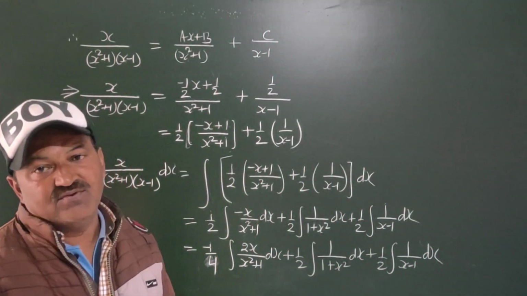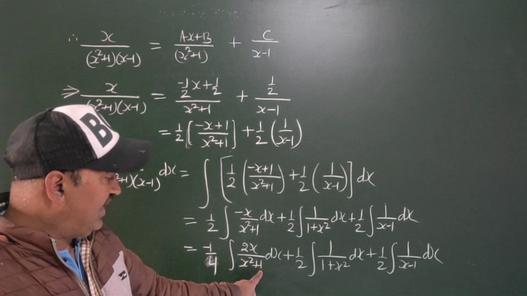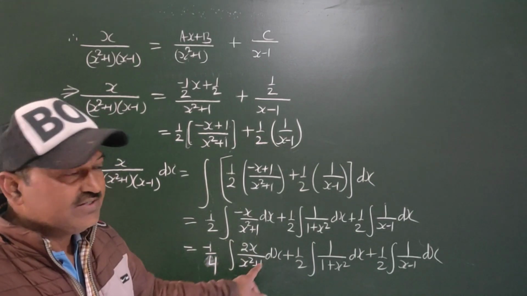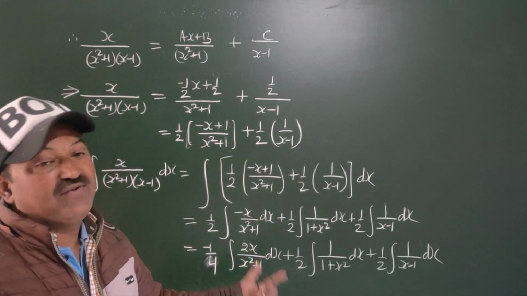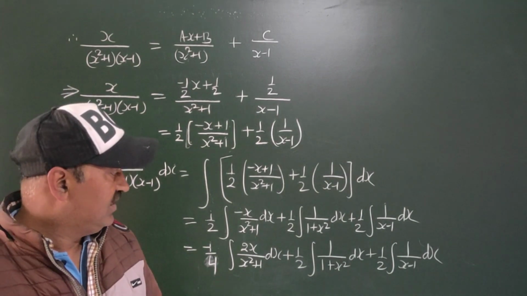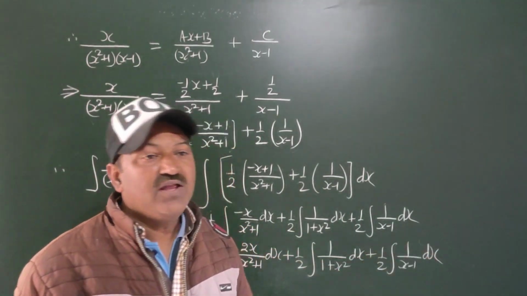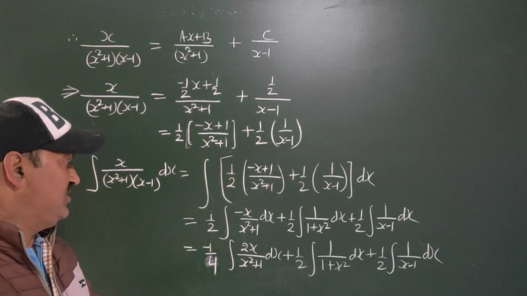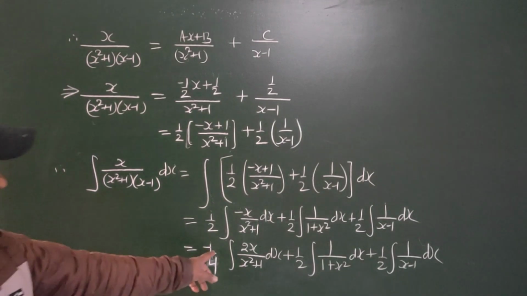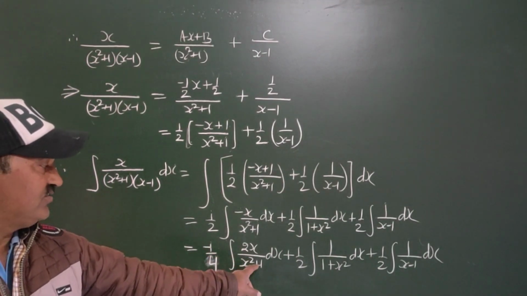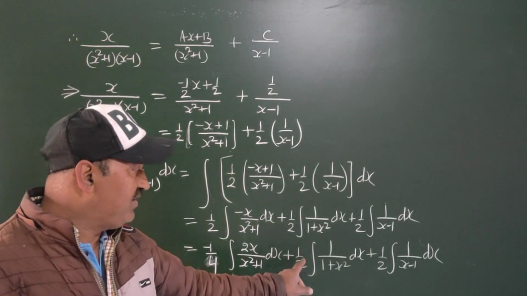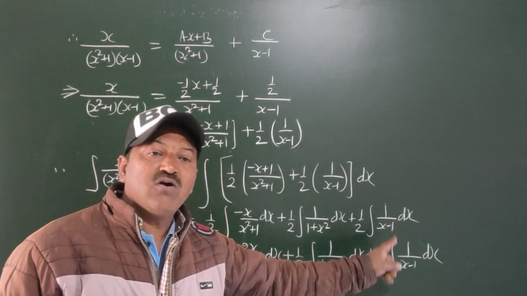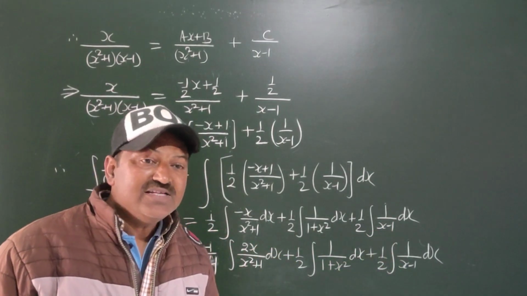Now these are the general formulas: integration of f dash x upon f x into dx is equal to log of modulus f x, tangent inverse x, and log of x minus 1. Now let us write the answer: minus 1 by 4 log of modulus x square plus 1, plus 1 by 2 tangent inverse x, and plus 1 by 2 log of modulus x minus 1, plus c.